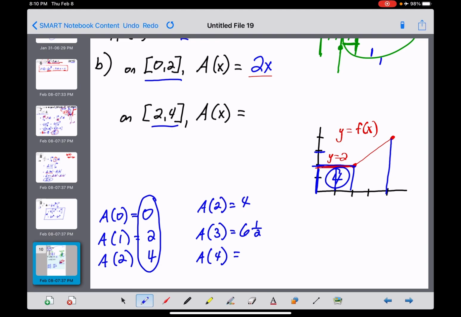I'm going to just treat this as one big trapezoid now. So the area of the trapezoid would be 1/2 times a height of 2, and for your bases, we've got a 2 here and a 4 on this side. So half of 2 times 6 is the area of that trapezoid, and we now end up with 10.